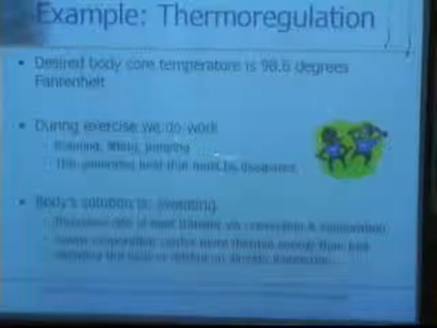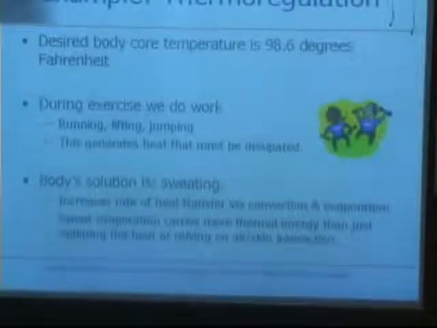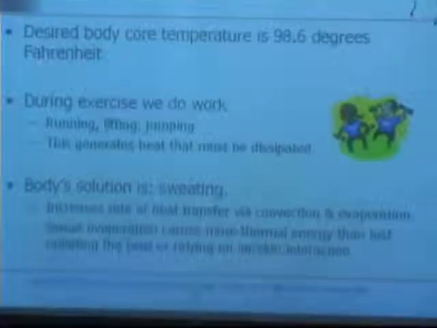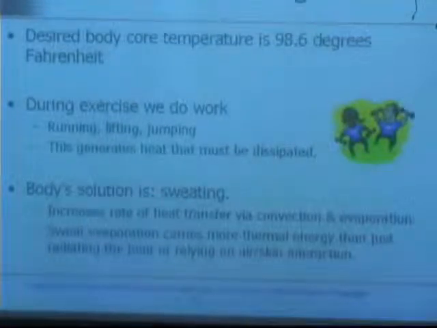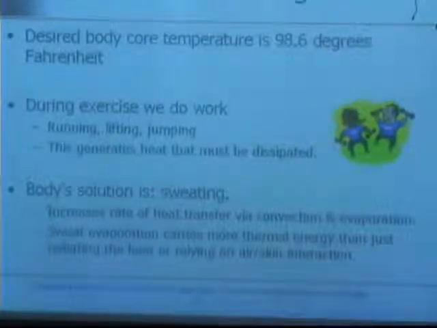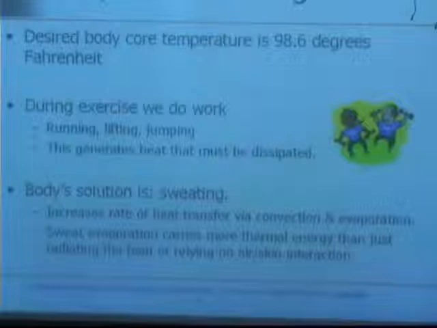When we do a lot of running, lifting, jumping, we've got to get rid of extra heat. If I'm dumping heat into this system and I want to keep it at 98.6, I've got to get rid of that heat somehow. And the way that you do it, if everything is working right, is you sweat. And believe me, in July at Kenny, you're going to sweat.